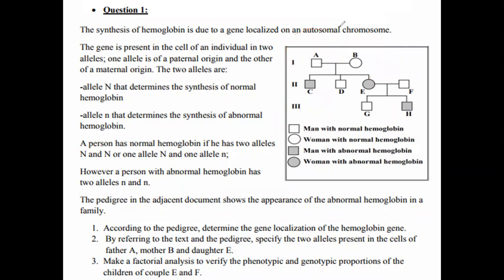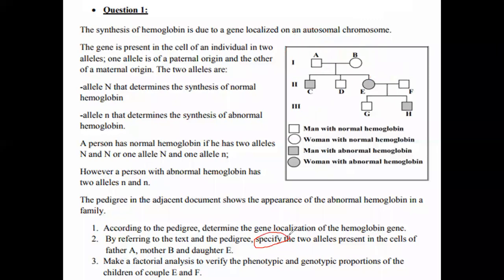Part 2, referring to the text and to the pedigree, specify the two alleles present in the cells of father A, mother B, and daughter E. First of all, I'm going to put all the genotypes. If there is a specify, sure, I have to justify.